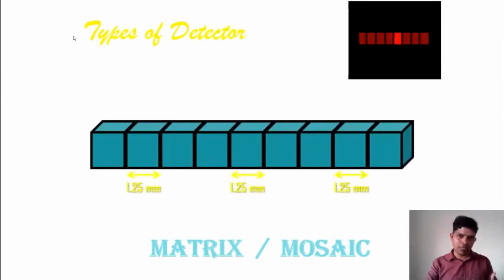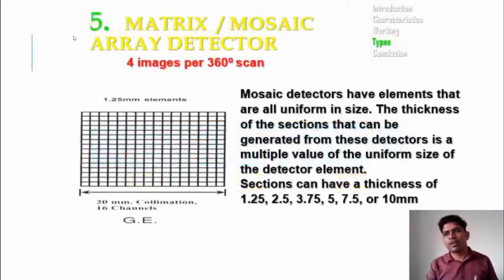detector is used, where a single matrix detector element consists of 1.25 mm. Due to this, the resolution and sharpness increased, and you get good contrast, good quality images. You can see in the image how this arrangement is made in the detector.